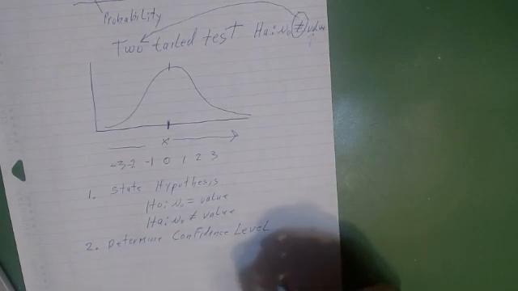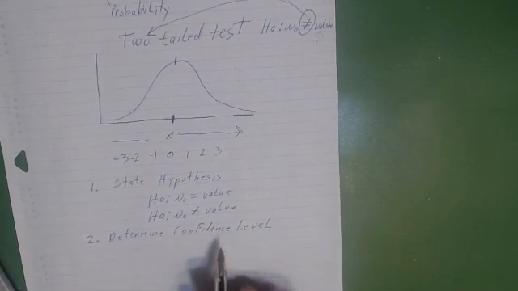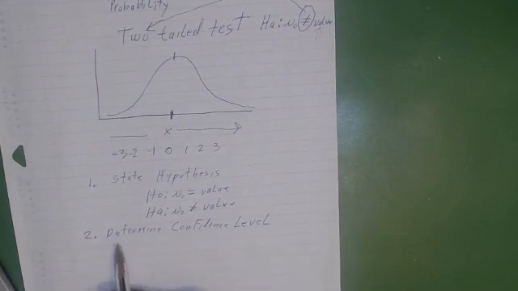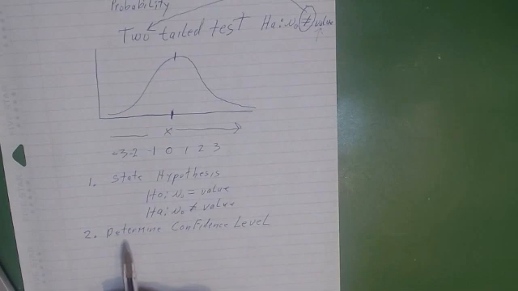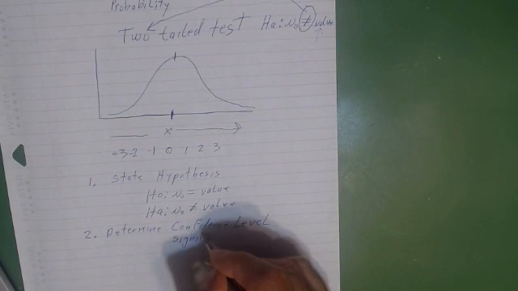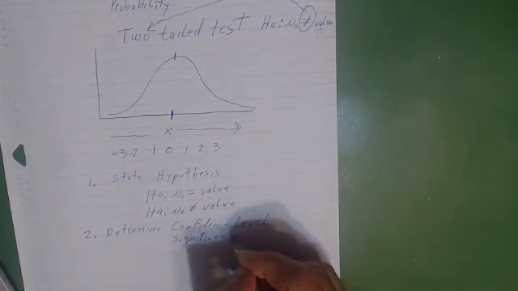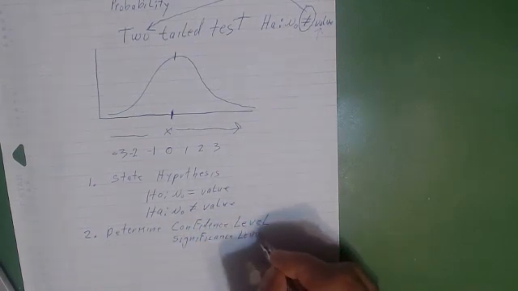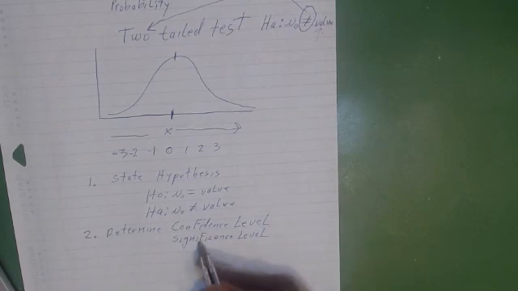That you wish to use, okay? And sometimes you're given this. Sometimes, maybe if you're working, somebody will say, hey, we need to run a test at such and such a confidence level, okay? And remember, when we say significance level, this is another way of saying the same thing.